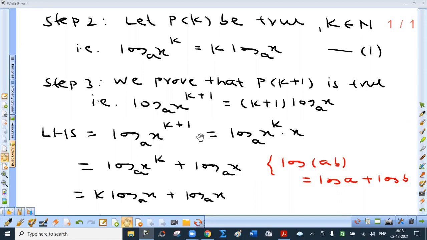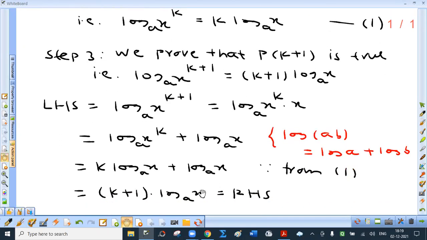But note that from 1, see the cursor. What is log of x raised to k to the base a? K log x to the base a. And therefore, here we say that from 1. So it is k log x to the base a plus log x to the base a. Okay.